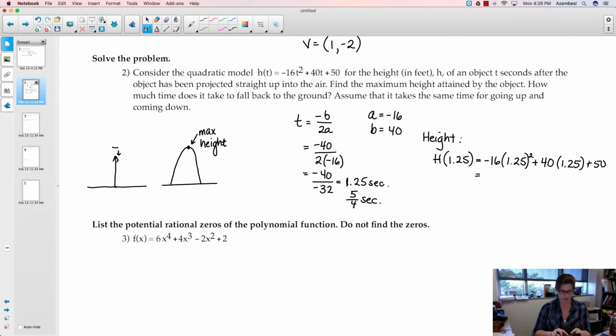Using my calculator for this, I get a maximum height of 75 feet.